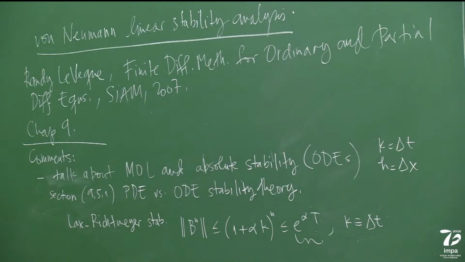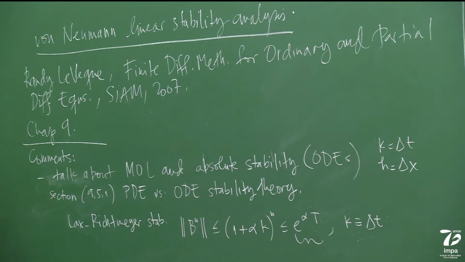Okay? Fine. So he mentions this, and then he goes on to the von Neumann analysis, where we want to get something along this scenario, right? With the amplification factor. We go to Fourier.